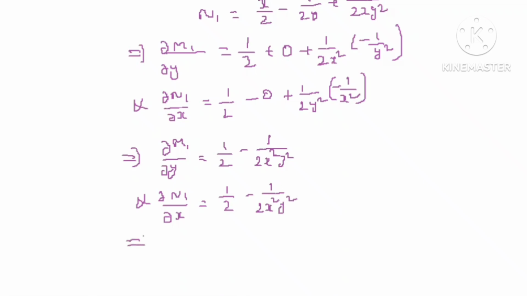So this implies dou m1 by dou y is equal to dou n1 by dou x. This implies equation 2 is exact.